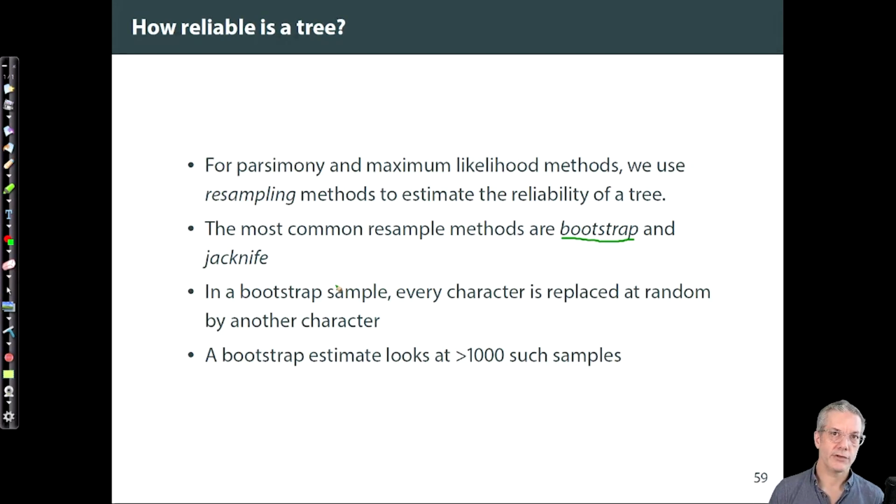We write all of the characters down on slips, character 1, character 2, character 100, and put those slips into a bowl. We reach in, pick out a character, and say, okay, this is character 38, and character 38 becomes the first character of our simulated data set.